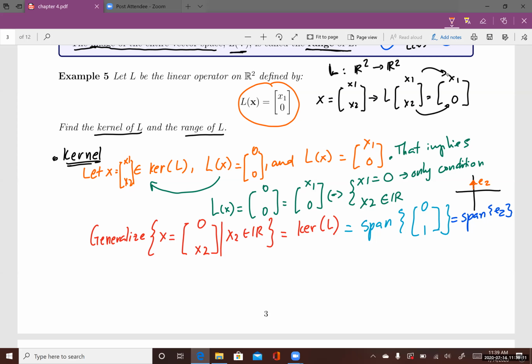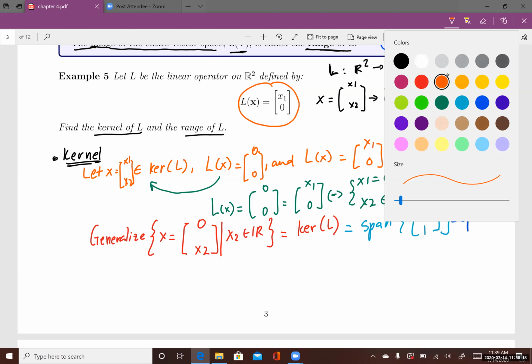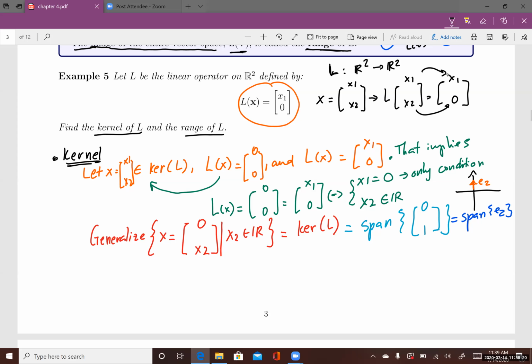The span of E2 is all the linear combinations of E2, which means it consists of all the vectors on the y-axis. So this is the span of E2, which is the line y-axis, and this is actually the kernel of L.